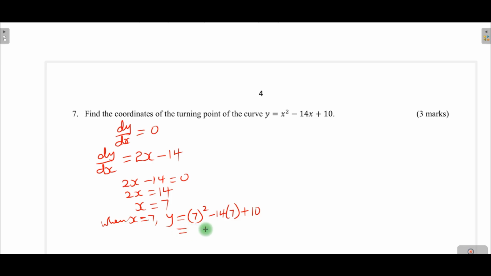If you work this out, you get negative 39. And therefore, the coordinates of the turning point (x, y) are x is 7 and y is minus 39. So that is the coordinate of the turning point. Let us proceed to our next question.